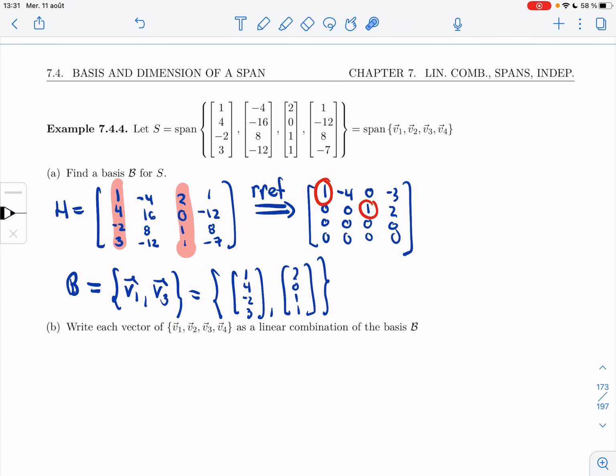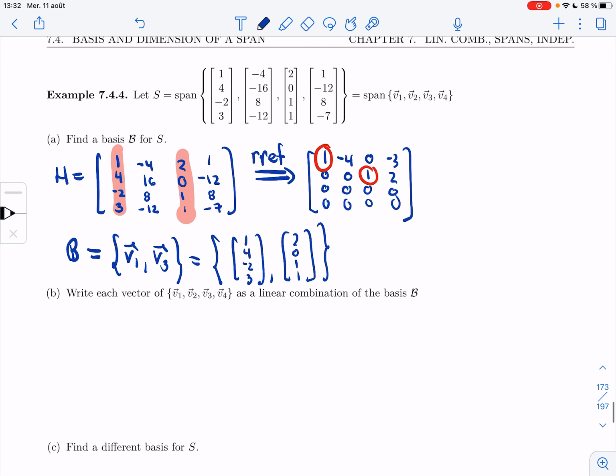In B, we're asked to write each of the vectors as a linear combination of the basis. So each of these is in S, so we can write it as a linear combination. So I need to write V1 as a linear combination of V1, V3. Well, that one is a bit silly. Same thing for V3. Those are not super interesting, but of course they could be written as well.